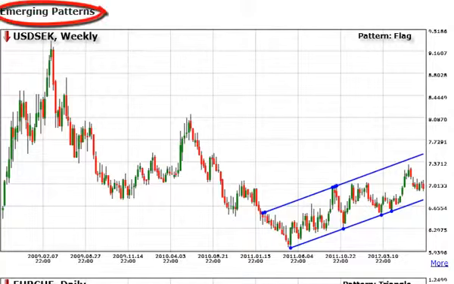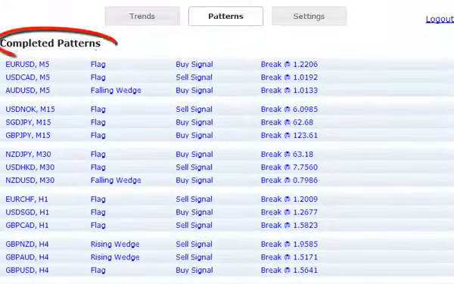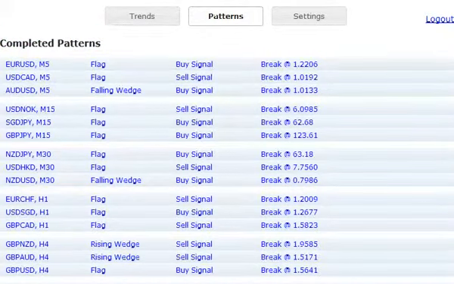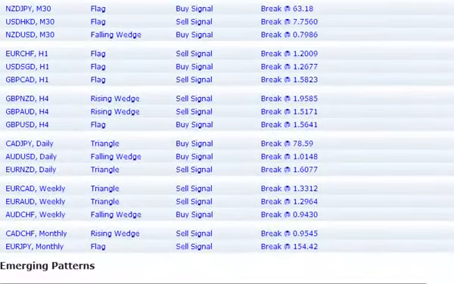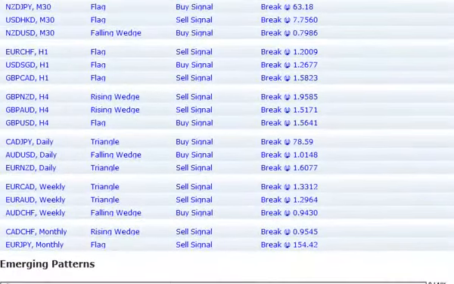These are emerging patterns, and here's something special: the history of completed patterns updated in real time. They are actually confirmed patterns because the price has already broken through the trend line. The problem with emerging patterns is that they can change several times, or the price will not break through the trend line.